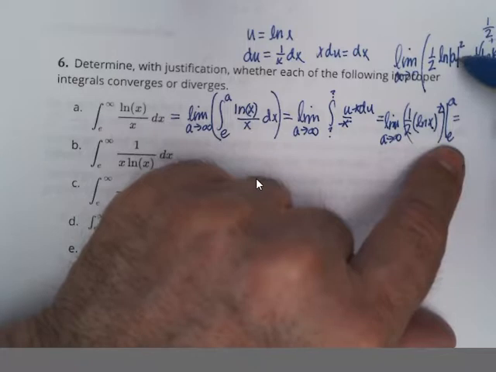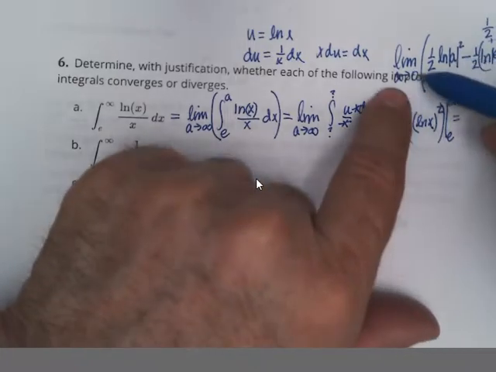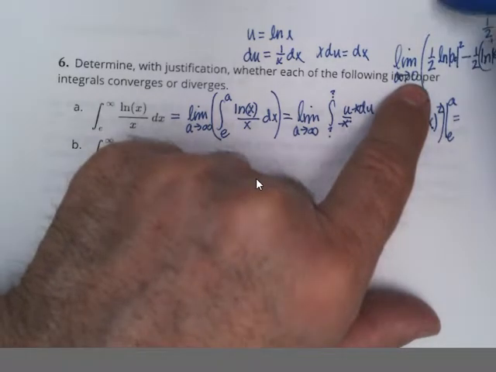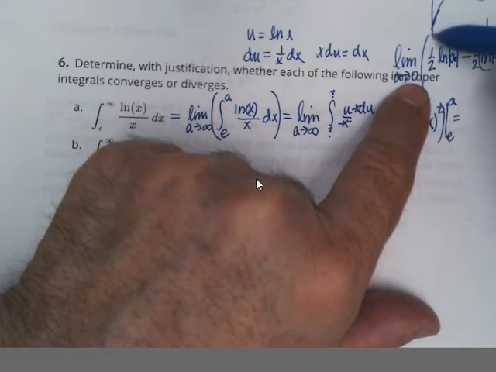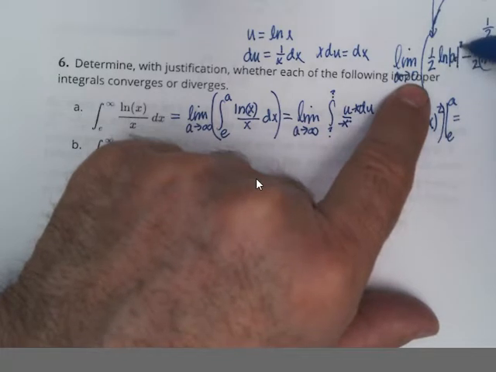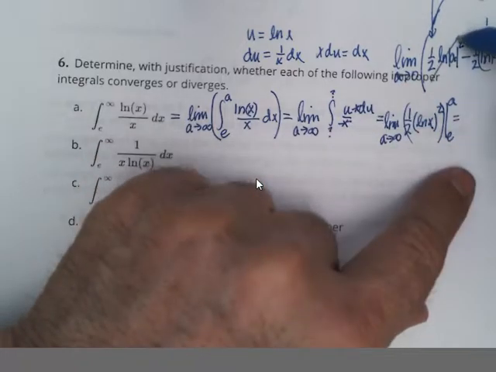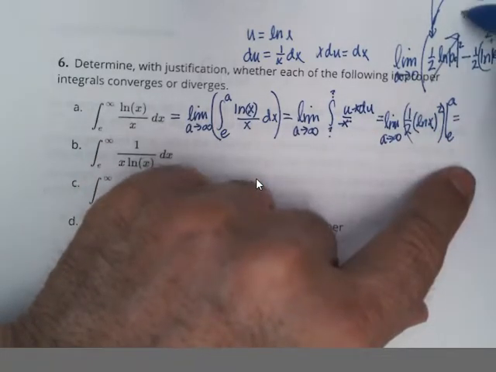But what happens to this when a goes to 0? Well, ln of 0, remember the ln curve looks like this, so ln of 0 is negative infinity. Squared is a positive infinity squared, which is really big, explodes, diverges.